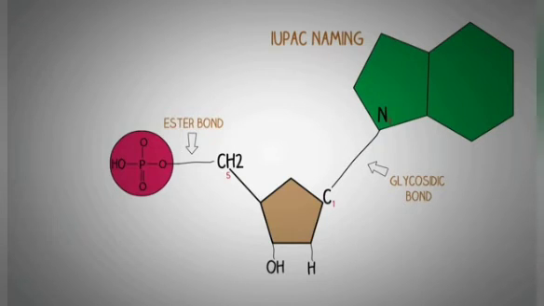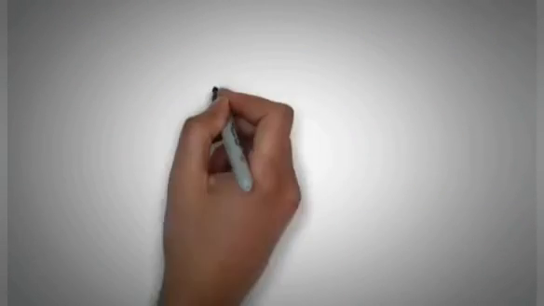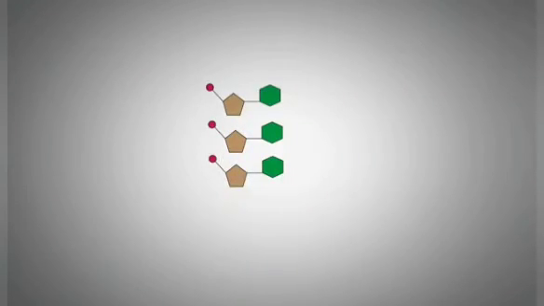So now you know how the three structures in a single nucleotide bind to each other to form one nucleotide. Next, if we look at how many nucleotides bind to each other to form a chain of nucleotides called polynucleotides.